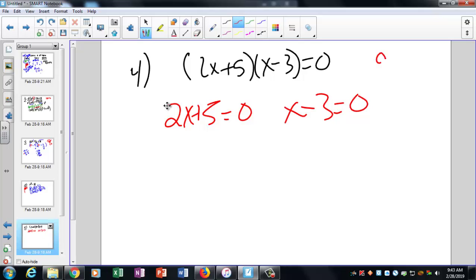That's because if 2 numbers multiply to give you 0, one of them had better be 0. Does that make sense? Like, if one of them is 6, the other one can't be 7. Because if it is, you ain't getting 0. If one number is 6, the other one has to be 0. Does that make sense? All right, so in order to solve this, we set each piece equal to 0.